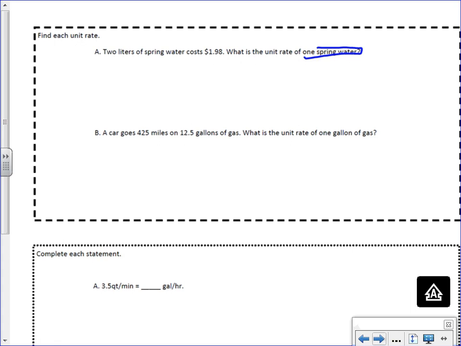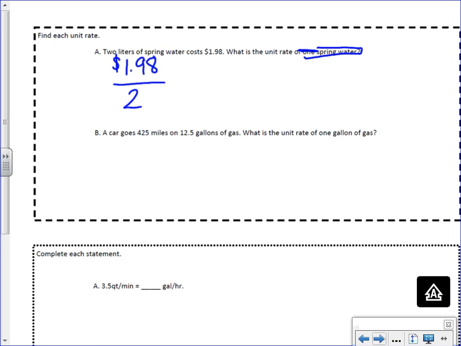So what am I getting to a 1? The spring water or the money? Spring water, because it's asking what is the cost of 1 spring water. So my denominator, I know, needs to be spring water, so I'm putting a 2. Because if I'm trying to get the denominator to 1, I'm trying to get spring water to 1. And for 2 of them, it cost me $1.98. So all I've done so far is write the ratio of money compared to spring water.